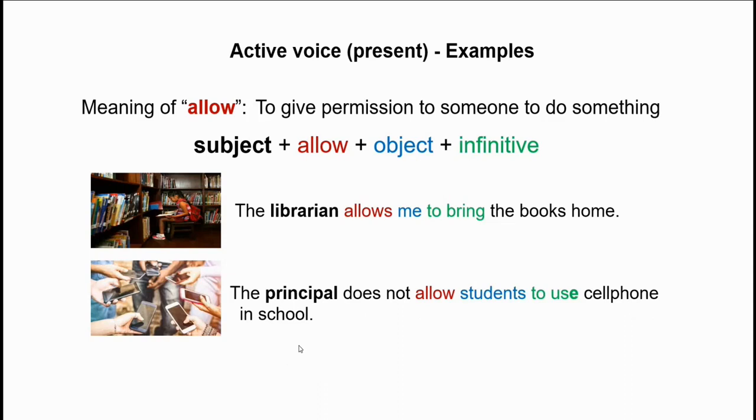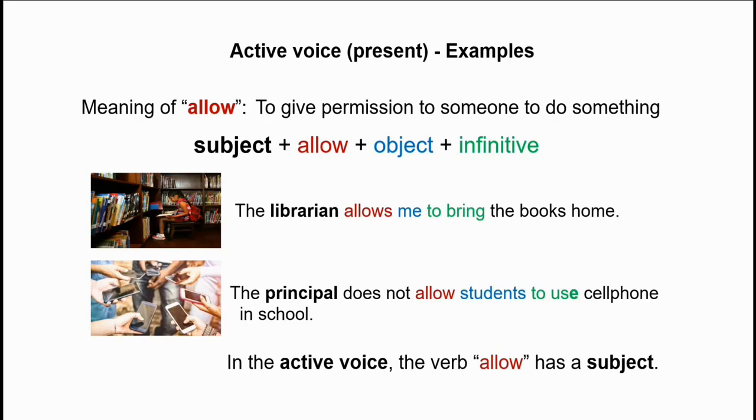Now guys, here's the important point. This is very important. In the active voice, the verb allow has a subject. Here, in the highlighted words, the librarian, the principal.